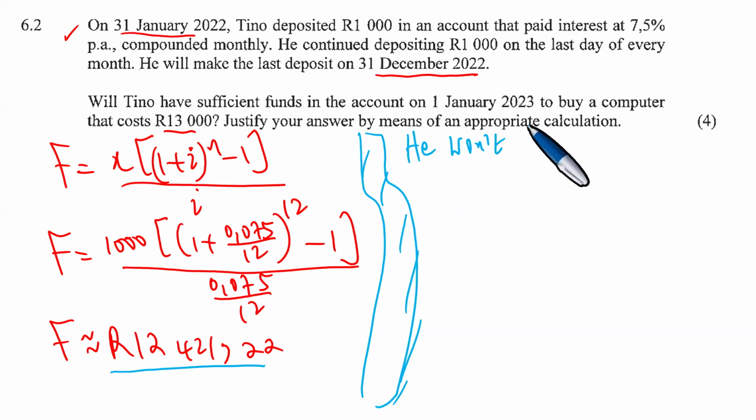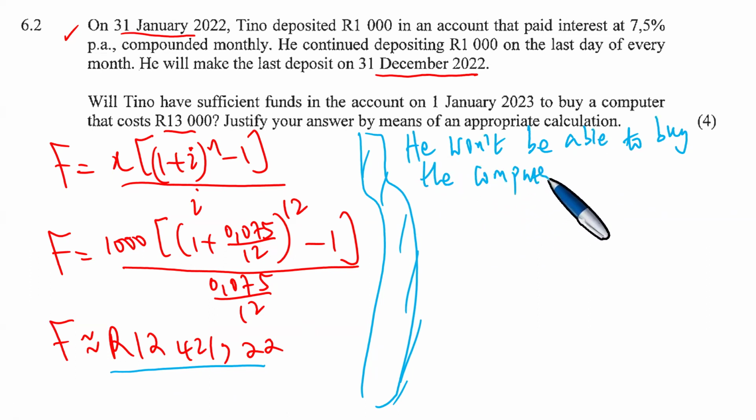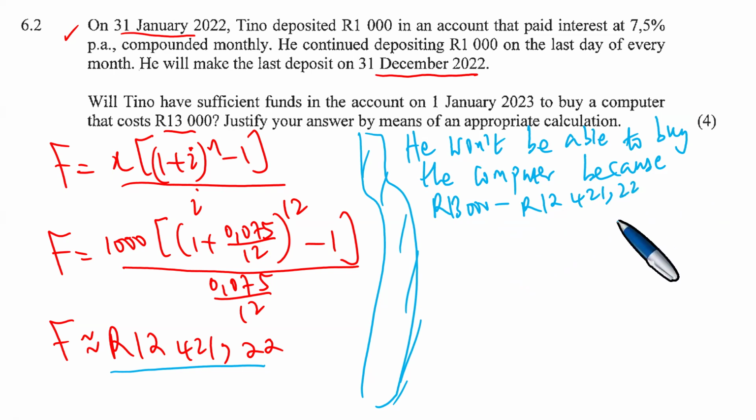He won't be able to buy the computer because 13,000 minus 12,421.22 is actually exactly 578 rand and 78 cents.